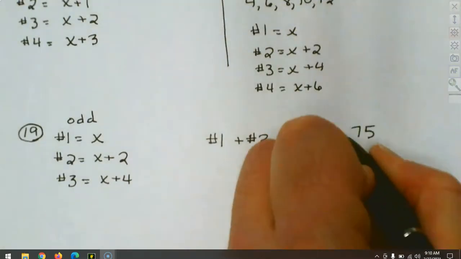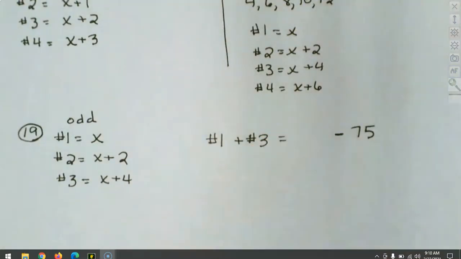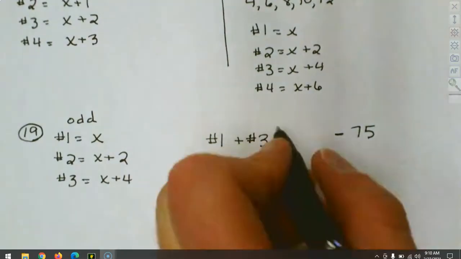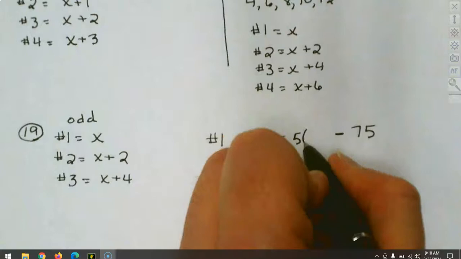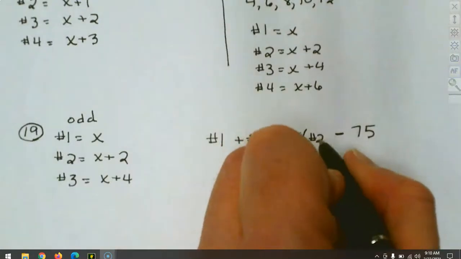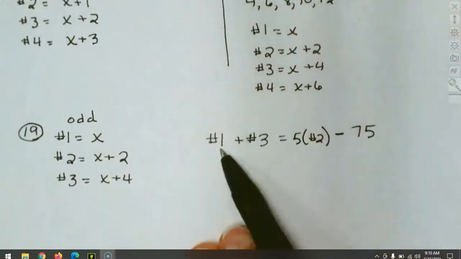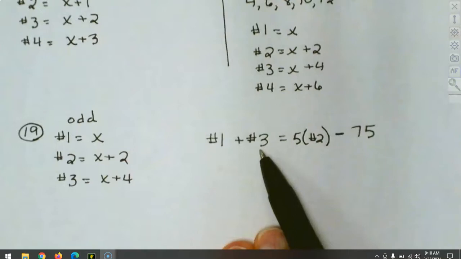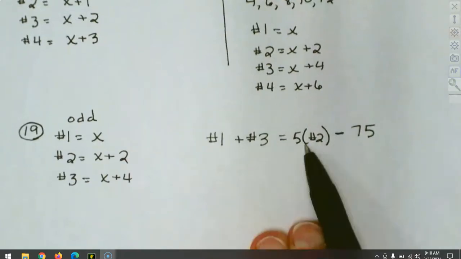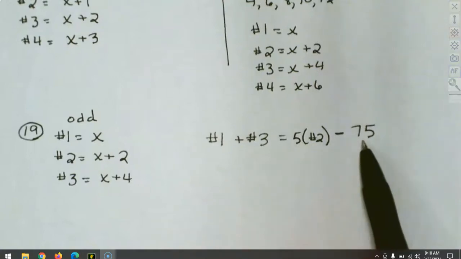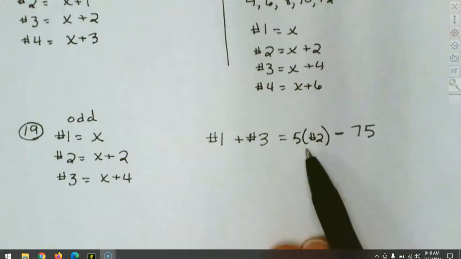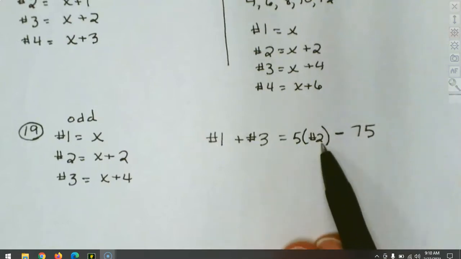So we've got our 75. We're going to have to take it away. And what are we going to have to take that away from? 5 times our second integer. So we've got the first and the third summed together. Result, that means is 75 less, so it's being subtracted off. And that's from 5 times the second integer.